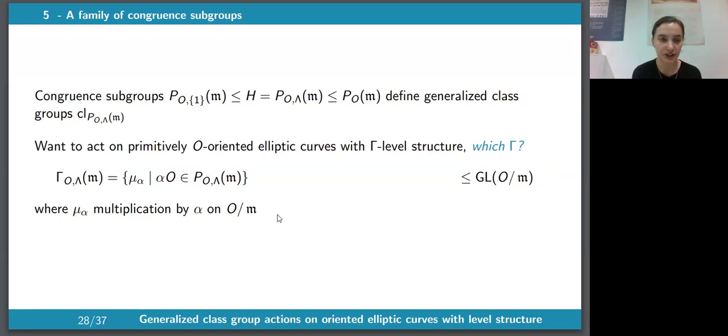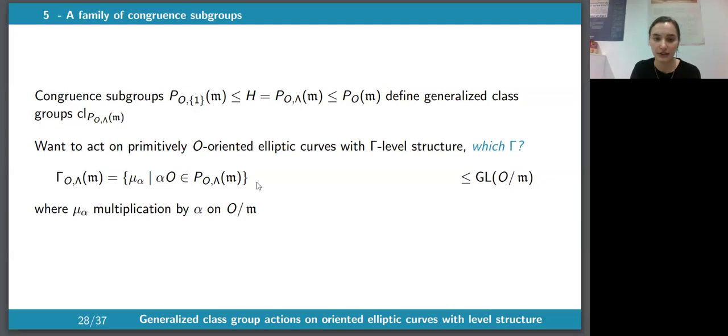Under the intuition that the gamma level structure will have to determine some equivalence that reflects the equivalence that is established by these congruent subgroups P_{O,lambda}(M) on the level of ideals. And so the subgroup gamma that we need to take for this is multiplications by elements alpha that are generators for ideals in P_{O,lambda}(M).